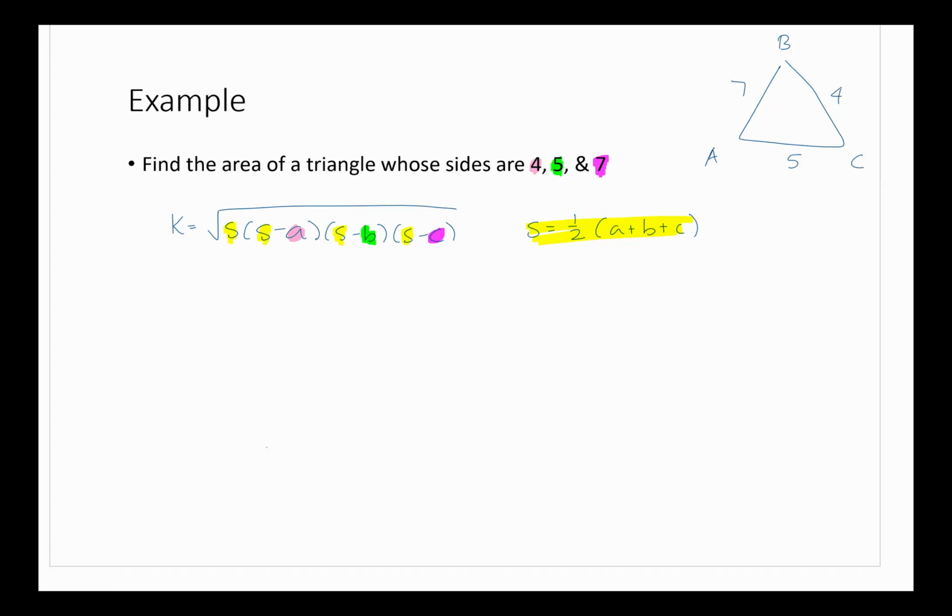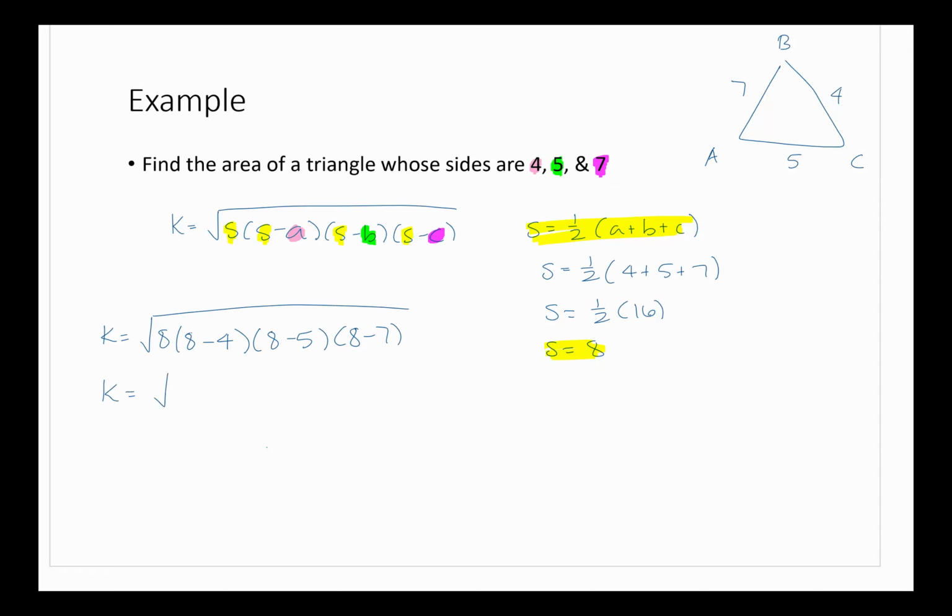First I'm going to calculate s. So s is half of the sum of 4, 5, and 7. When I add that together, I get half of 16, which is 8. So s is 8, and when I substitute this in here, I'm just going to use 8. So K is equal to the square root of 8 times 8 minus 4, times 8 minus 5, times 8 minus 7.